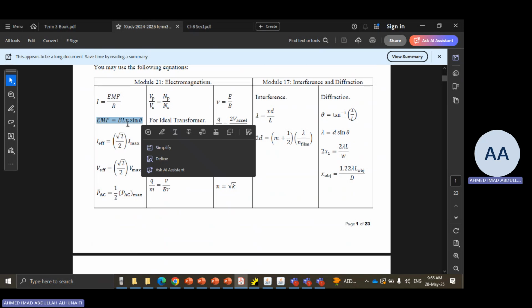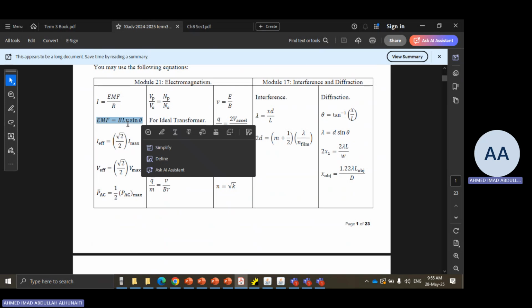V is the speed, the relative speed between the wire and the magnetic field, and theta is the angle between the motion of the wire and the magnetic field.